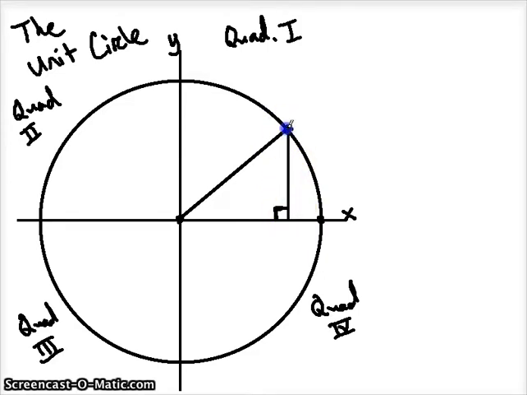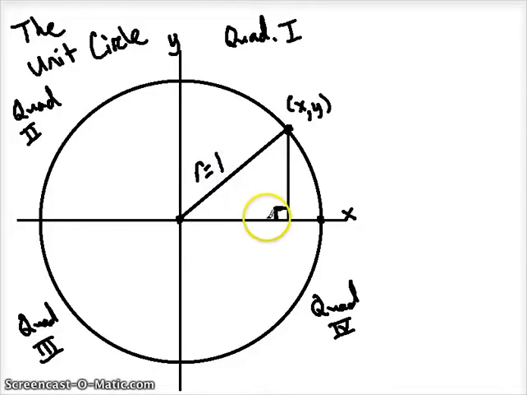And what ends up happening is that we intersect our unit circle at a certain point, and those coordinates are actually whatever the x and y values of our triangle are. This radius is always going to be equal to 1 unit. That's going to simplify our trig functions, as we will see.